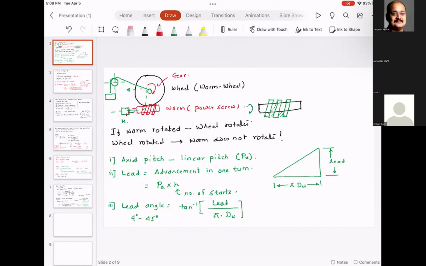In a spur gear, the center lines of the shafts are in the same plane. Helical gear, the same plane. Bevel gear, the center lines are perpendicular, but still in the same plane. But in the case of the worm wheel, the center lines are not in one plane. So this is the overall design procedure for worm wheel.